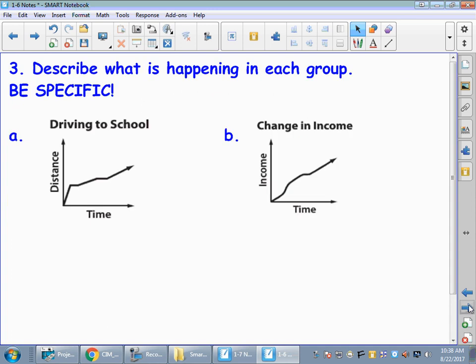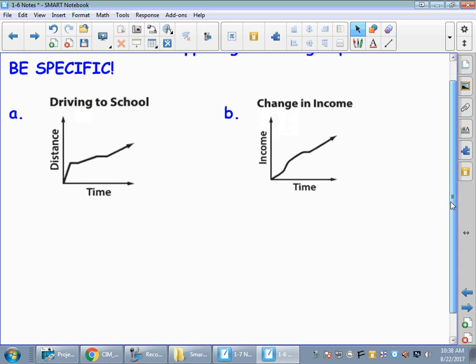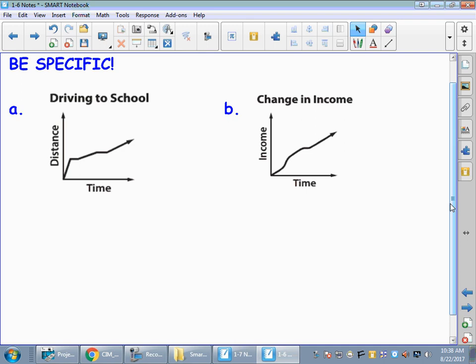We're also going to do a little bit of identification between the variables and actual graphs. So when you look at this, you've got your two variables on your x and your y. Okay, x is always your input. It's also your independent. So time is independent of distance. This is your output, and that's your dependent variable.